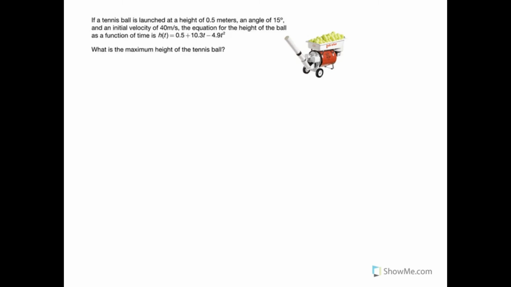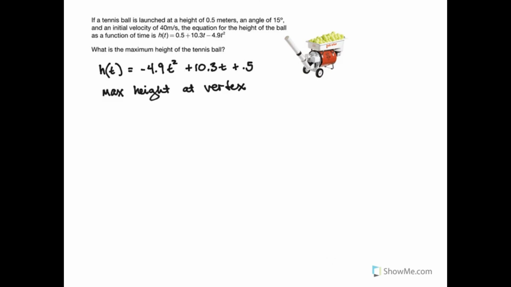So here's a problem about a tennis ball launcher, and because the launch is at an angle, I'm given the equation. H is measured in meters, and the height as a function of time is given by negative 4.9 t squared plus 10.3 t plus 0.5. The maximum height is found at the vertex of the height parabola when t equals negative b over 2a.